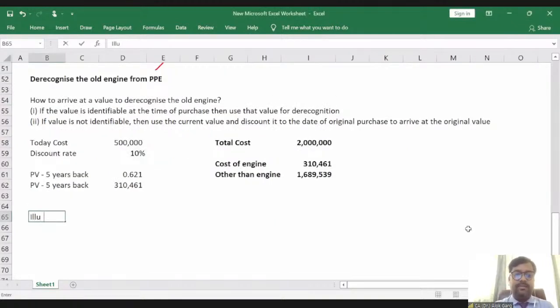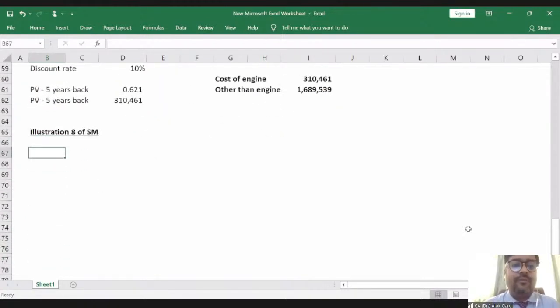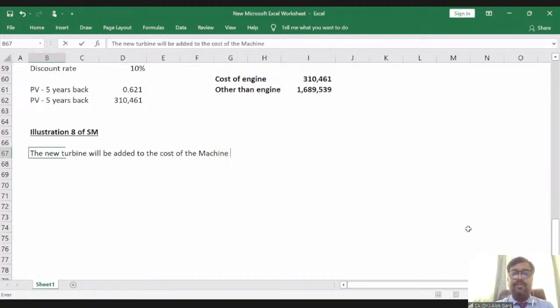Illustration number 8 of study material. First of all, the new turbine will be added to the cost of the machine, and the existing turbine will be de-recognized, right?